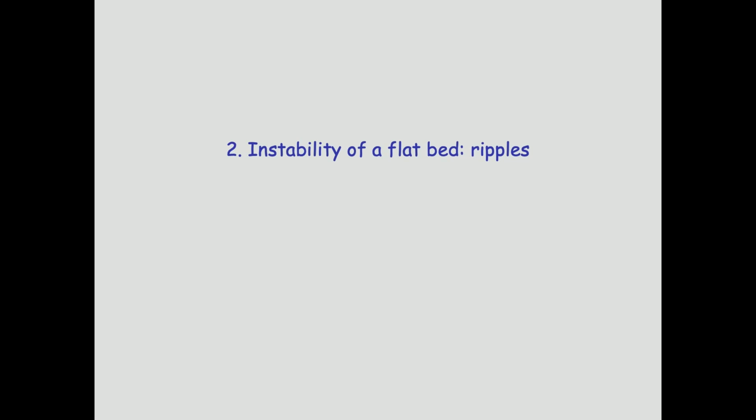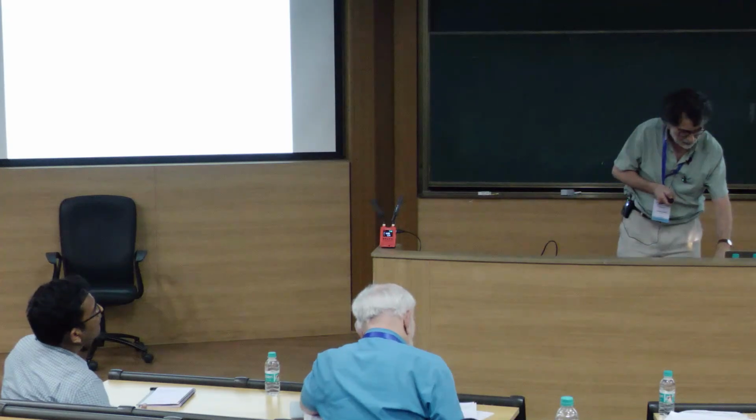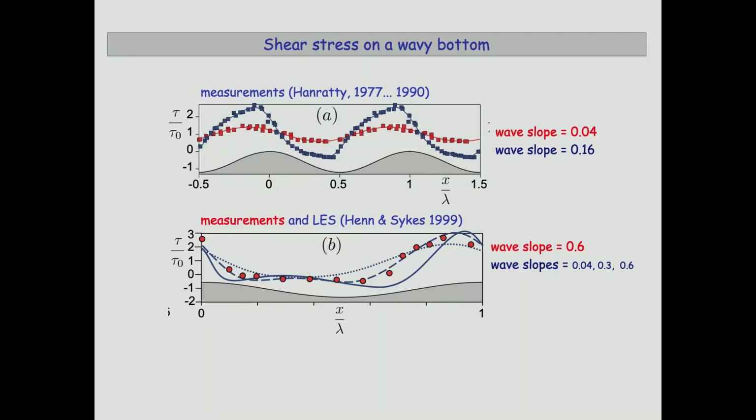So we turn to the instability of a flat bed and ripples. First we need to understand the fluid motion above a fixed wavy bed, a fixed wavy surface, and there have not been many measurements, in particular those of Anrati, who showed that for small wave slope, the shear stress, which was measured by an electrochemical method, is sinusoidal, with a phase ahead of that of the bottom.